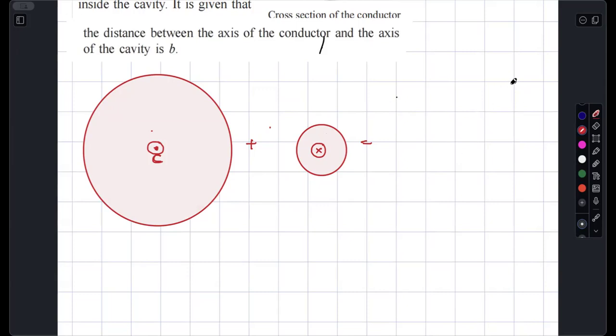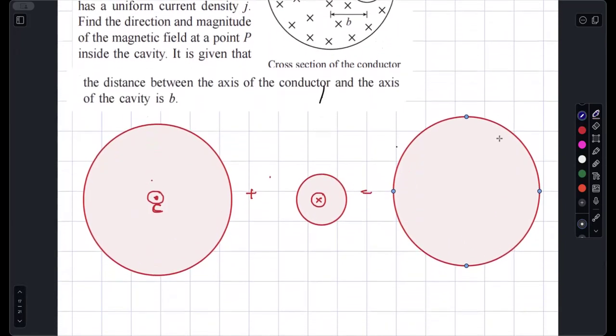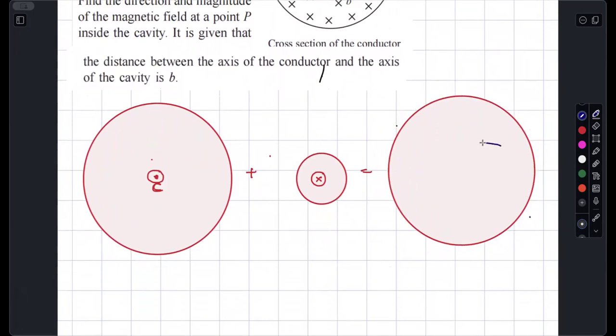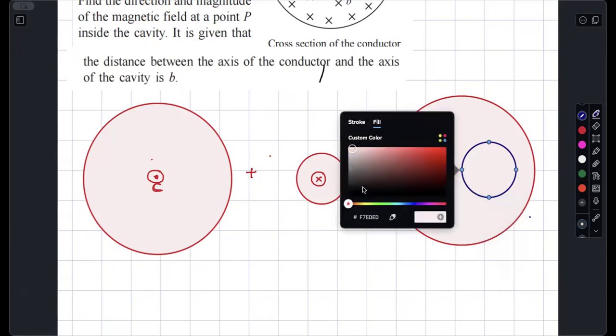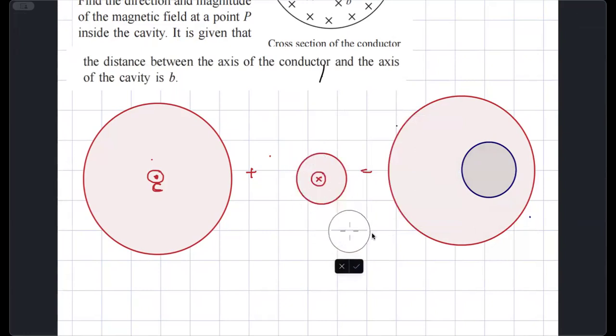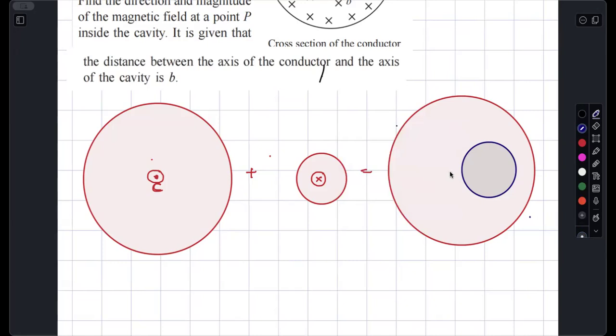Right, this is equal to. Now this is what I am assuming.